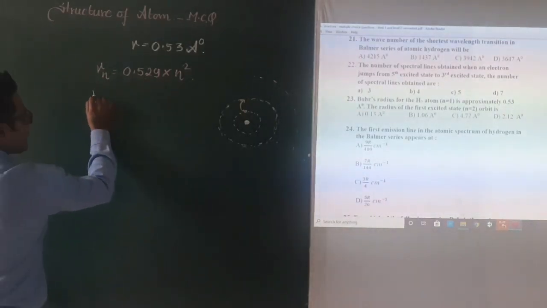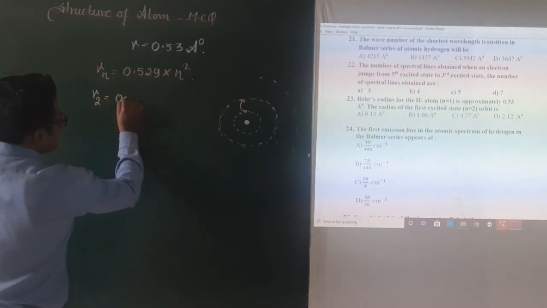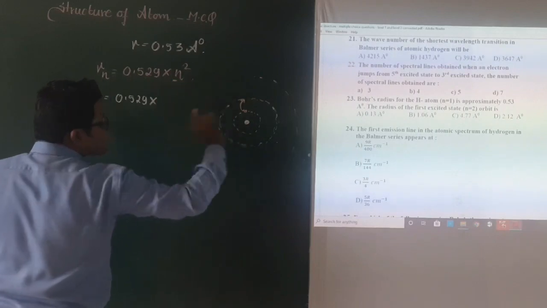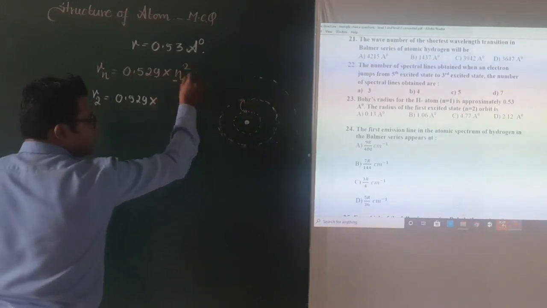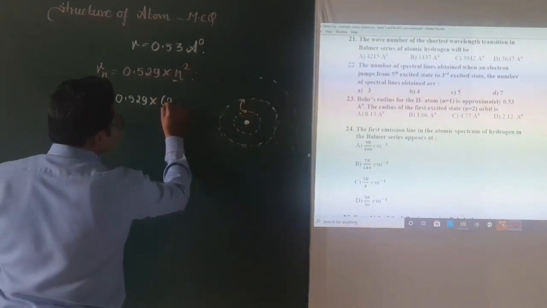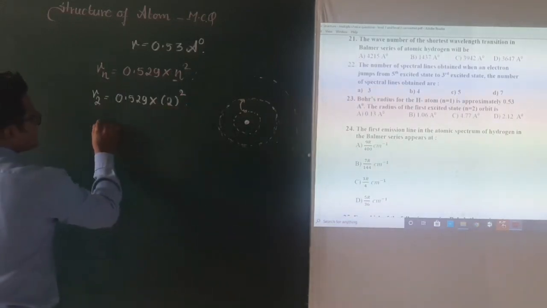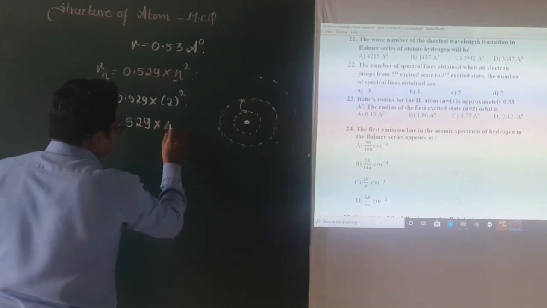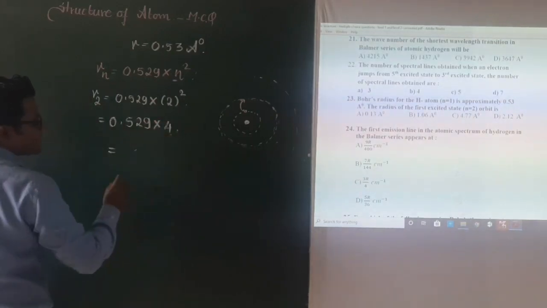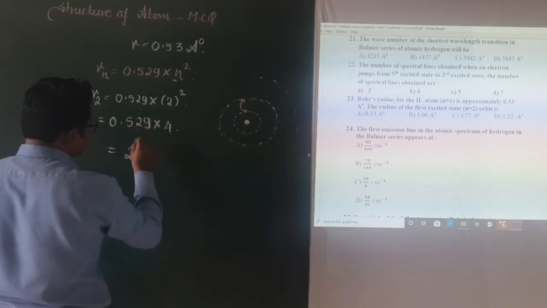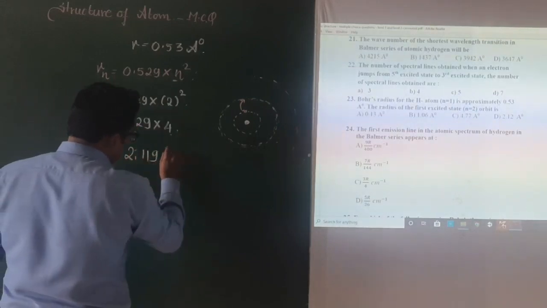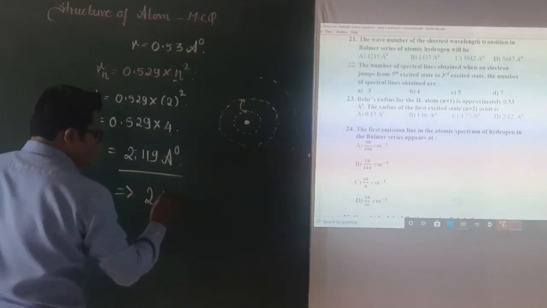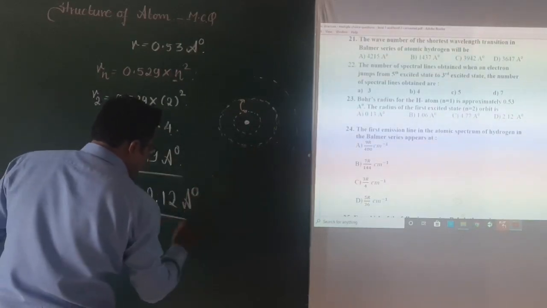So R2 over here equals 0.529 into, we require the second orbit, so replacing n is equal to 2, we get 2 square. So that is going to be 0.529 into 4. When you multiply this, you will get 2.119 angstroms approximately. So I can write this down as 2.12 angstroms.